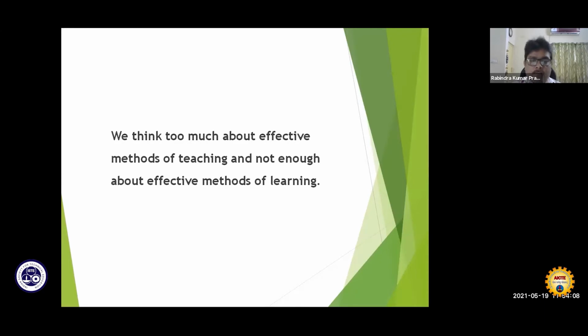Therefore, we will look into both these concepts, how to make our teaching more interesting and how to make our learning more meaningful. And what are the ways and means that one can make use of while delivering lectures, classes, and interactive sessions, both inside the classroom as well as outside the classroom.